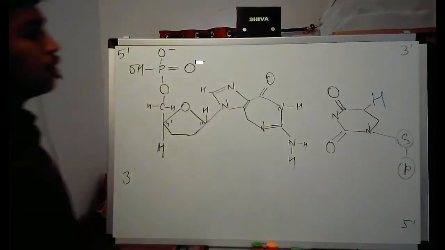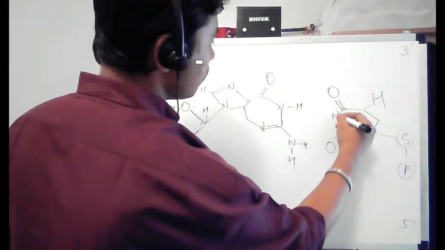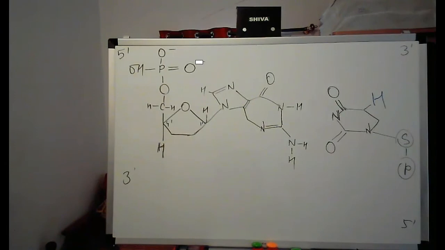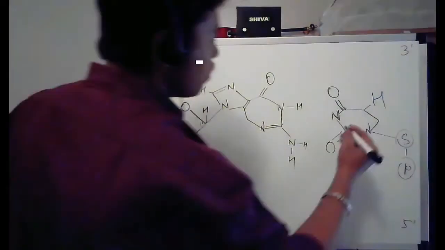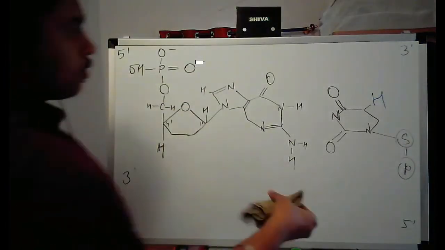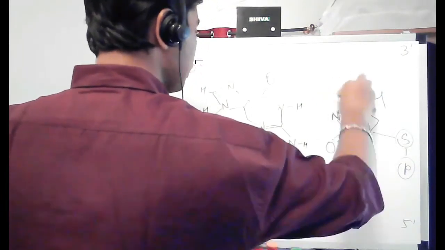Now changing this to cytidine, because of course cytosine is the only thing that binds with guanine. This part will be erased because there is no double bond. There are no two O's in cytidine.